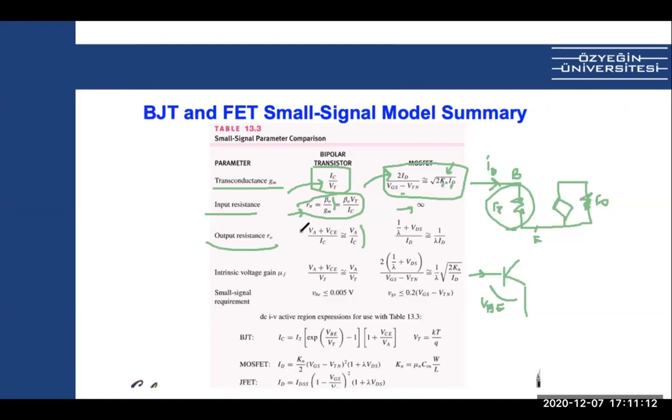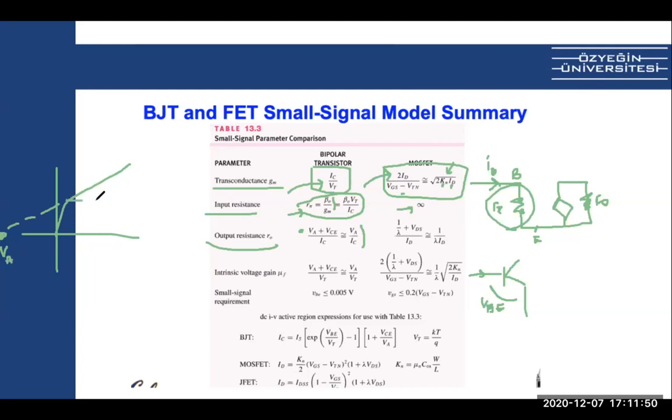VA is the voltage that defines this Early effect, and it is where you project this line to the x-axis; this voltage is minus VA.